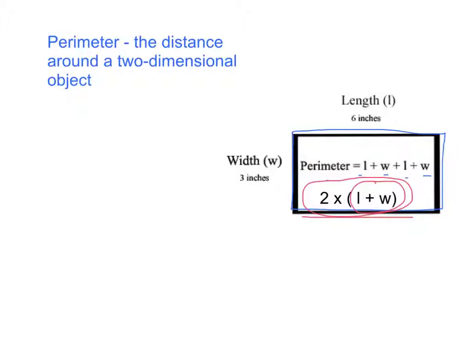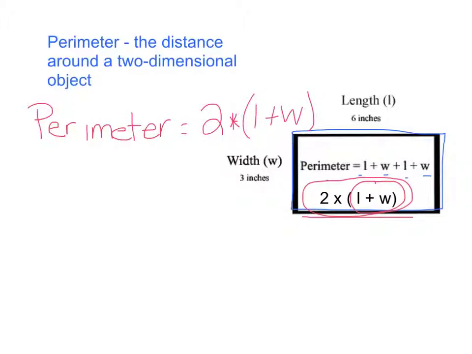So we're going to write that perimeter equals 2 times, and then in parentheses, length plus width. Just like that. Stop the video if you need to so you can get that written down, and then press play when you're ready to continue.